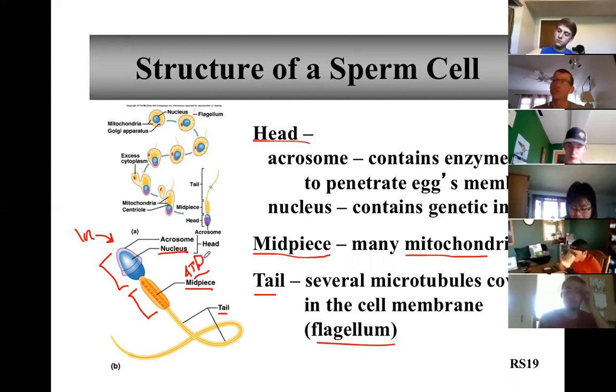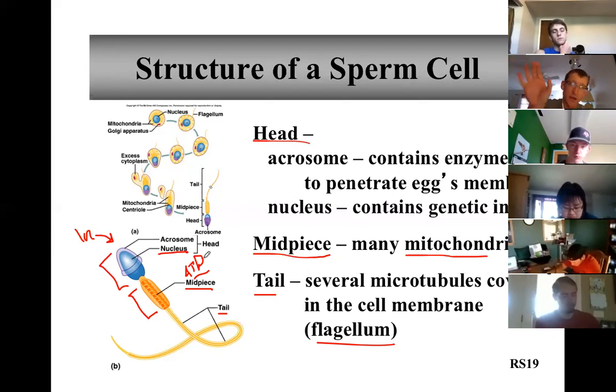And the goal is to get that nucleus fused with an egg cell membrane and kind of get through the cell membrane and dissolve and release the nucleus into the egg's cytoplasm. So that nucleus can fuse with the nucleus that mom donated. Now you've got a 2N nucleus, and that is a diploid zygote, brand new baby human, all the information needed to make a baby human, and you're in great shape.